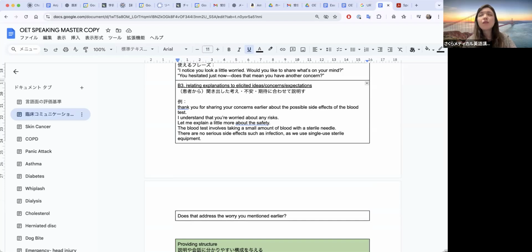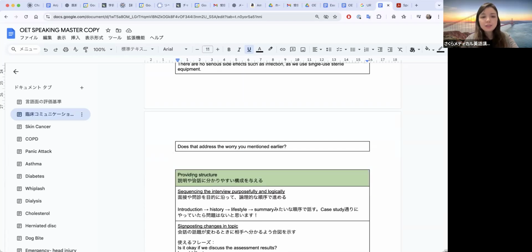So instead of the standard explanation for a blood test, you're going to change that explanation to match the patient's concerns. It's standard in clinical communication as well. You're going to change how you explain, and as you explain, you're going to address patient concerns.